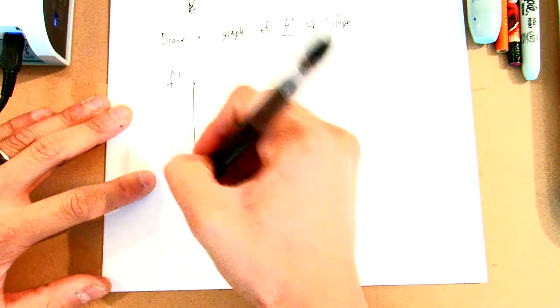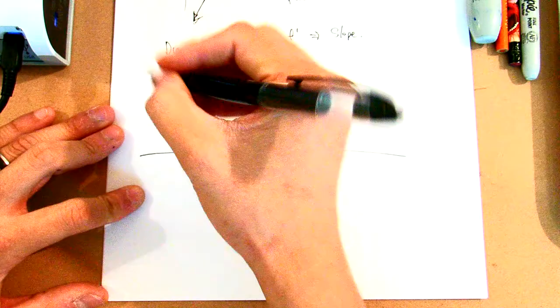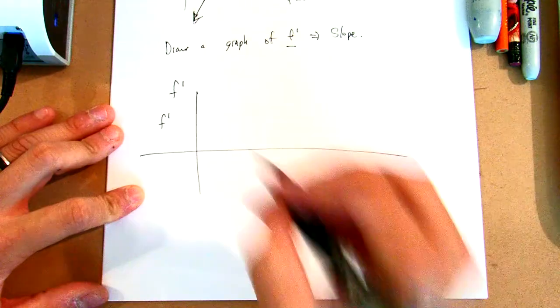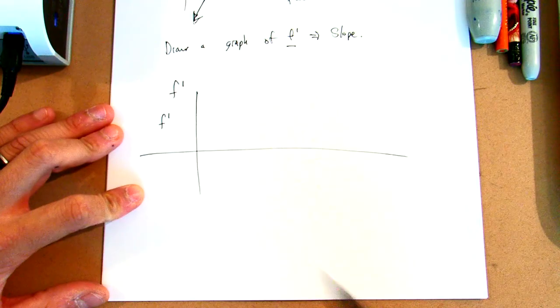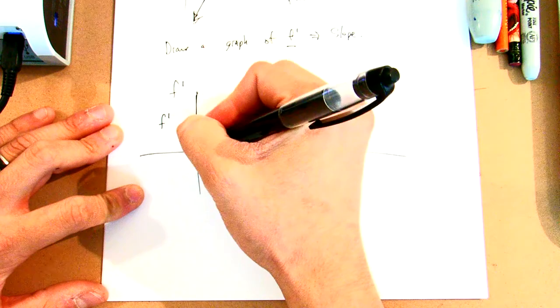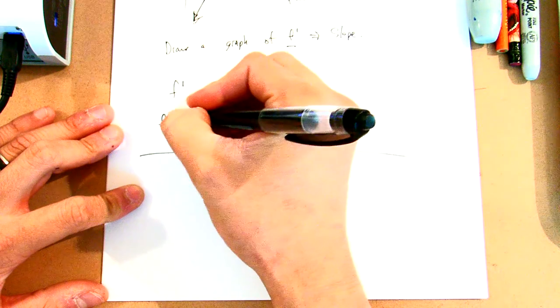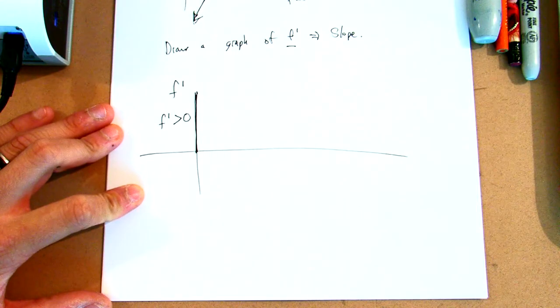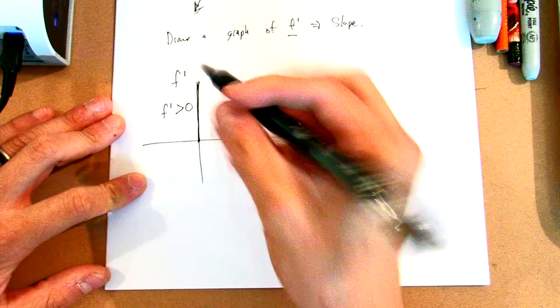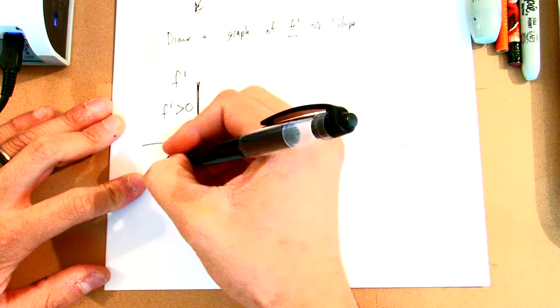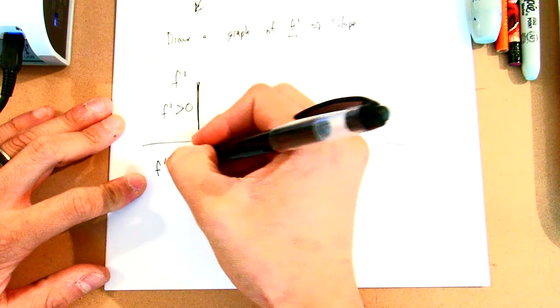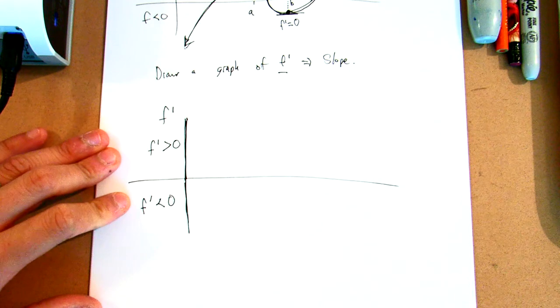Now, for f prime, this is the graph of f prime, not f. So here, above the x-axis, f prime is greater than 0. True? And below, f prime is less than 0.